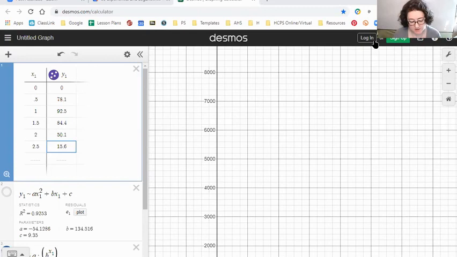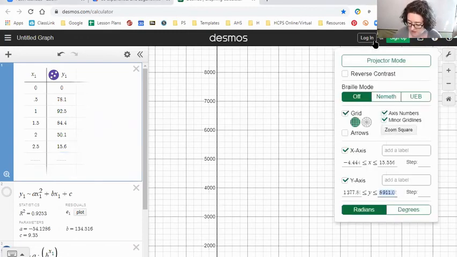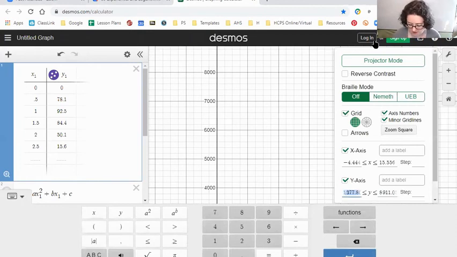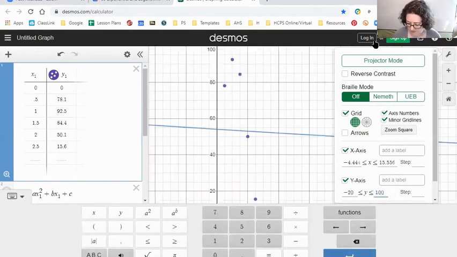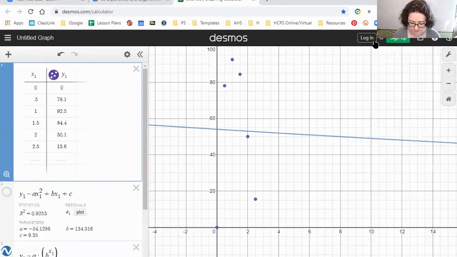Looks like our x's go from 0 to 2.5, which we don't need to mess around with too much. Our y values start at 0 and jump all the way up to 78 and then 92, and then start falling back down. So let's set our y values at 100, and our y's probably don't need to go down so far, so let's go like -20 to +100, and we'll see what that gets us.